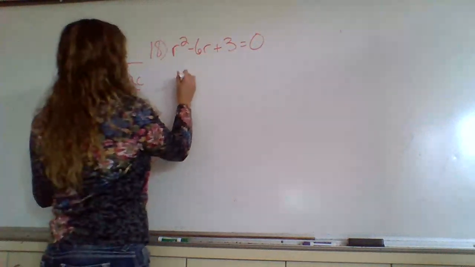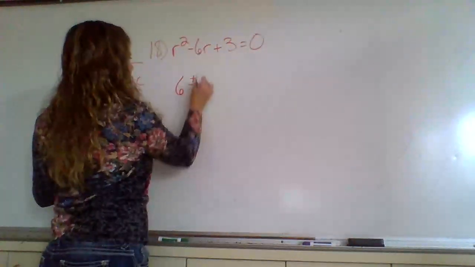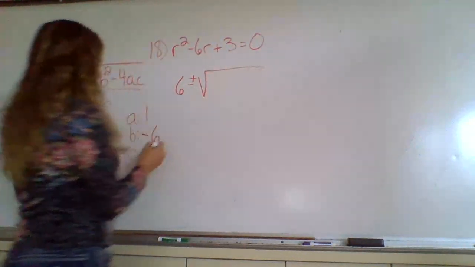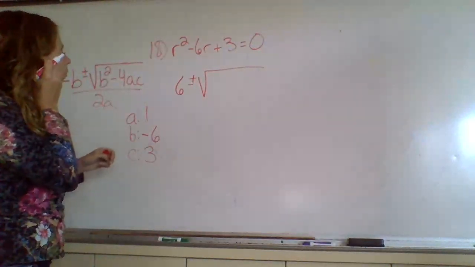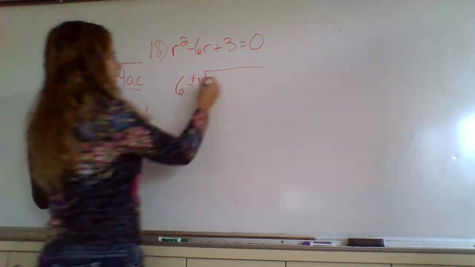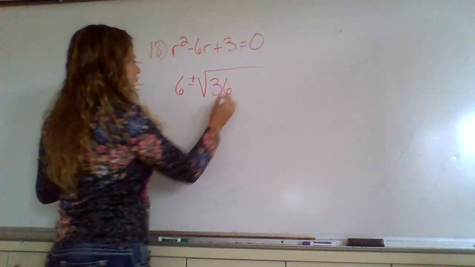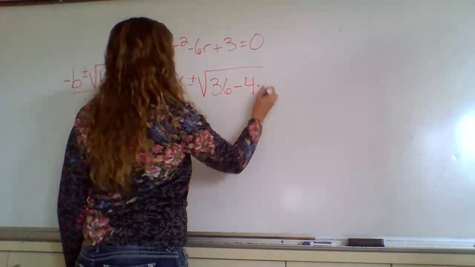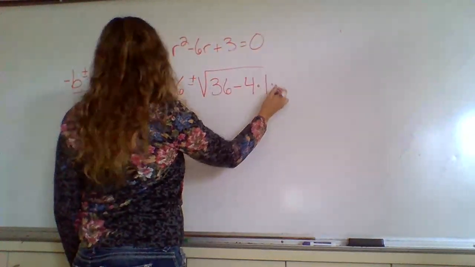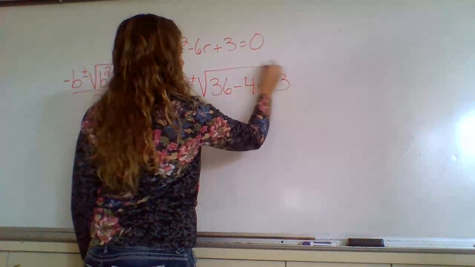So I have positive 6 plus or minus b squared. So that's negative 6 squared. Negative 6 times negative 6 is 36. Okay, minus 4 times a, which is 1, times c, which is 3.